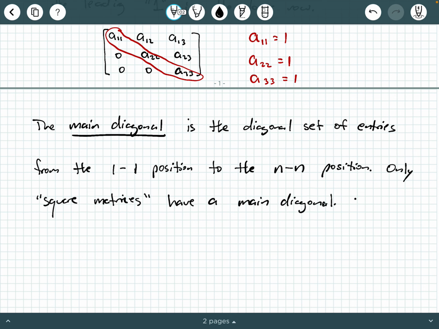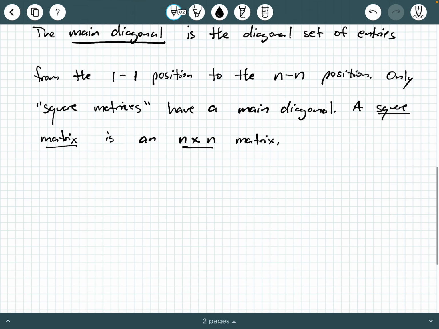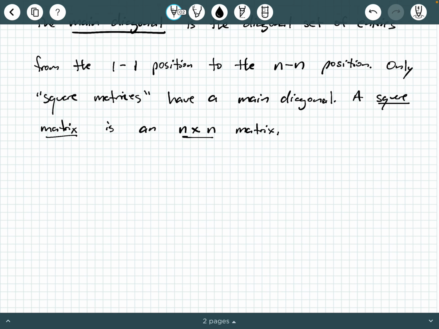And what's a square matrix? What do you think a square matrix is? A square matrix is an n by n matrix. So an n by n matrix has the same number of rows as it has columns, okay? So let's look at an example, okay? Let's say matrix A. We have matrix A, we have A11, A12, A13, A14, okay?